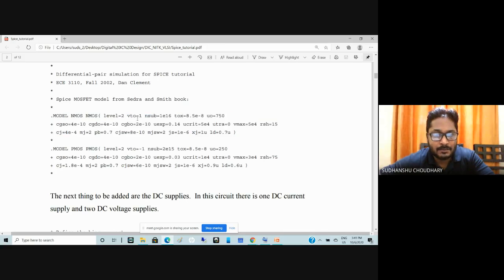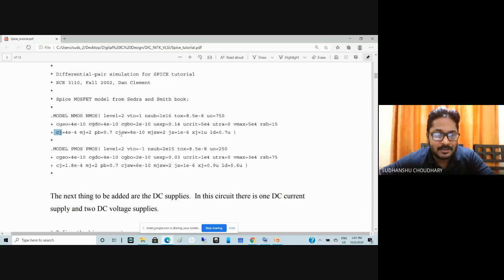So what parameters? For example, threshold voltage, oxide thickness, mobility of electrons. Similarly, gate to source overlap capacitance, gate to drain overlap capacitance, gate to body or gate to bulk overlap capacitance. And then there are many more parameters. Then junction capacitance, you have parasitic junction in the MOSFET. So the junction parasitics associated.